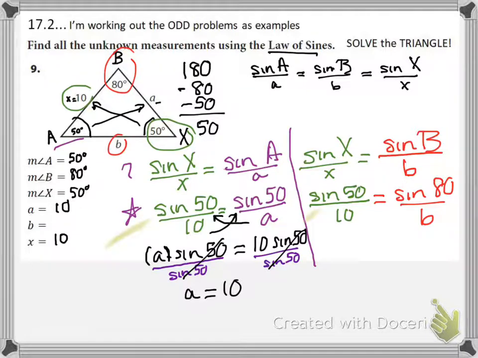Both of these are using sine 50 over 10 because that was the only situation where I had a number on both an angle and a side opposite from each other.